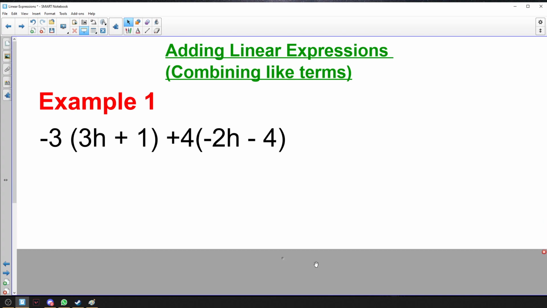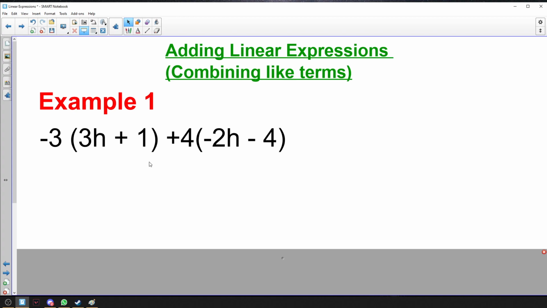Okay, example 1. You have minus 3, and in brackets 3h plus 1, plus 4, and in brackets minus 2h minus 4. Now, it's not like BODMAS where you would do 3h plus 1, because that won't really change anything.